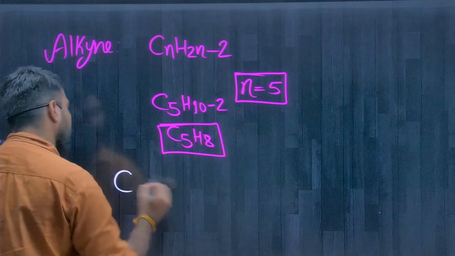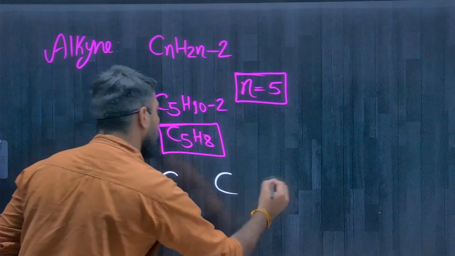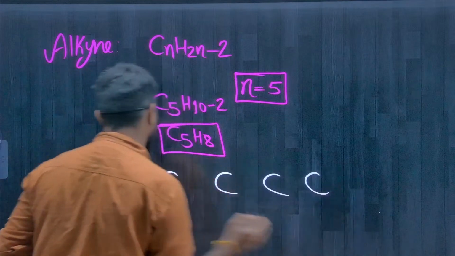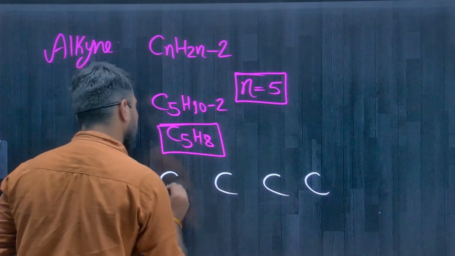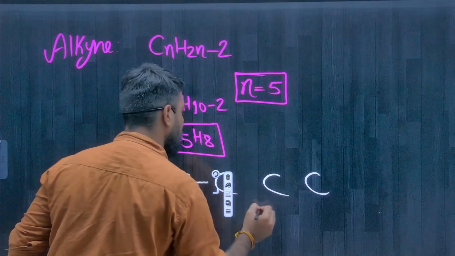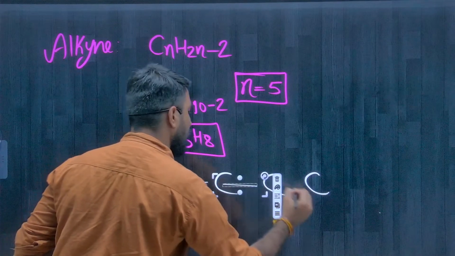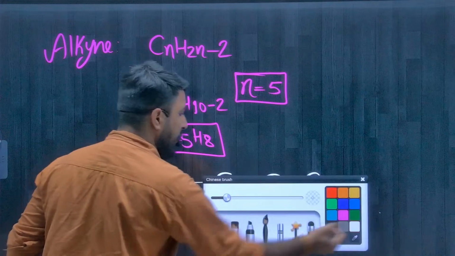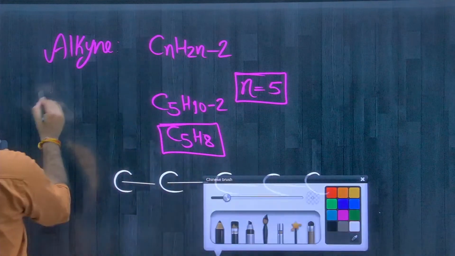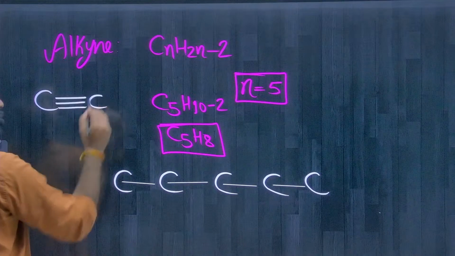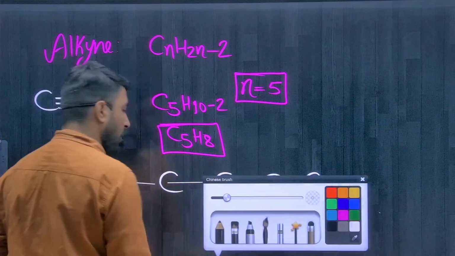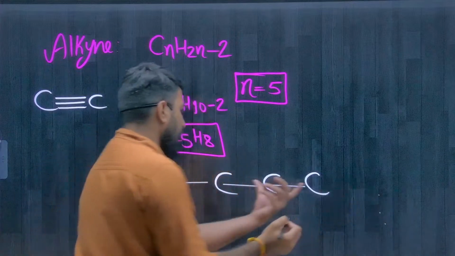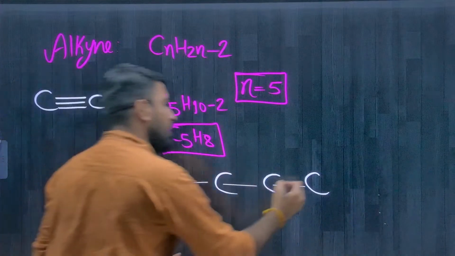C5, 1 2 3 4 5. Between carbons we make a single bond, 1 2 3 and 4. Then as you know, in alkyne between two carbons there are 3 bonds, so between any two carbons we make 3 bonds. So one bond is formed at the terminal, you can put the triple bond anywhere.